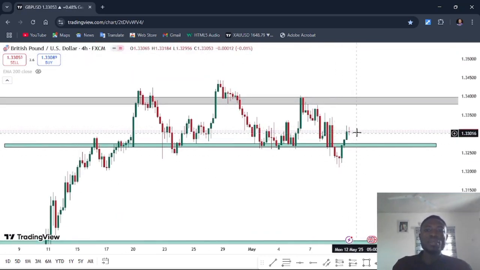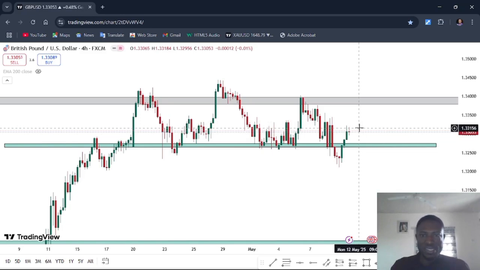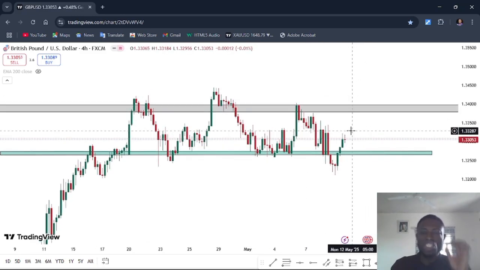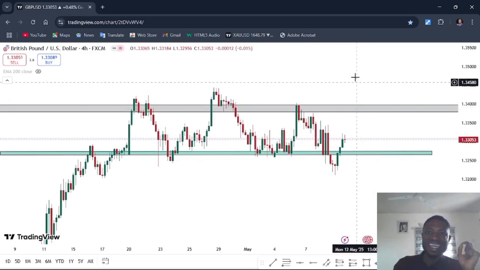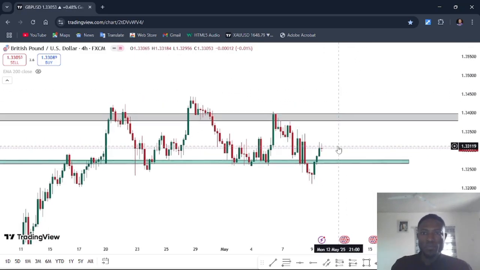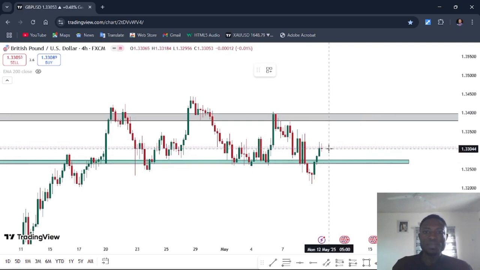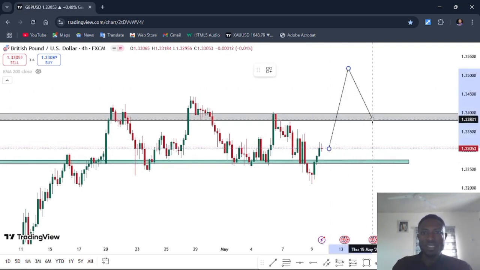But if price keeps printing bullish candlesticks the coming week, I will only be interested in buying GBP USD if price clears this bar and makes a retest. If price clears this bar, makes a retest, then I will start looking for buying opportunities at the retest of this candle.